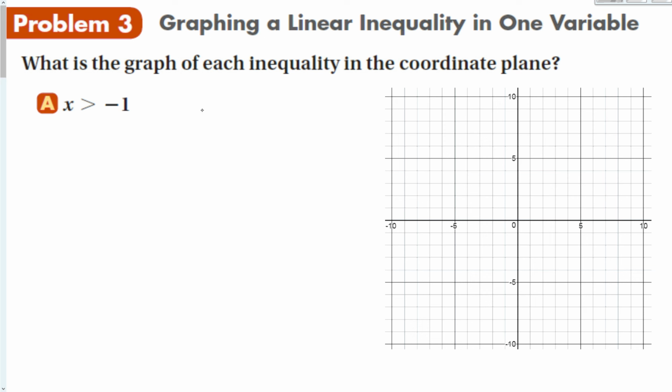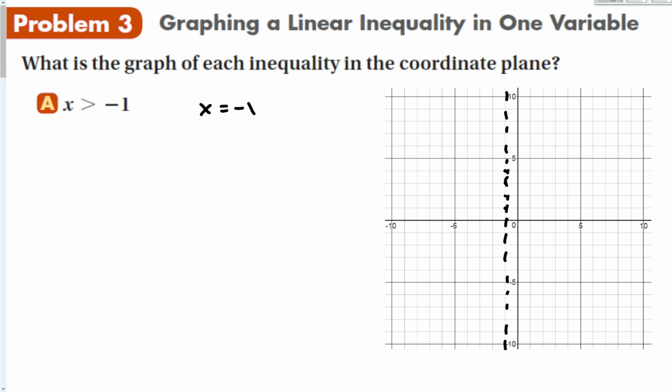So if I graph the line, the boundary line is going to be x is equal to -1. Okay, where x is -1, y is 0. X is -1, y is 1, 2, 3, 4. So we can see we're going to get a vertical line. I want to make it a dotted line because it just says greater than, not greater than or equal to.